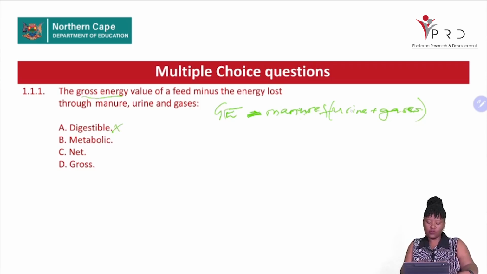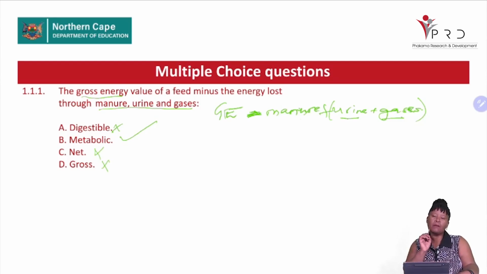So it's wrong because there is also urine and gases. Gross energy minus manure gives you digestible energy. And digestible energy will lose energy in the form of gases and urine. Then we talk of metabolic energy, because this is what we are given. Net energy and gross energy become wrong, which means the most possible answer will be B.